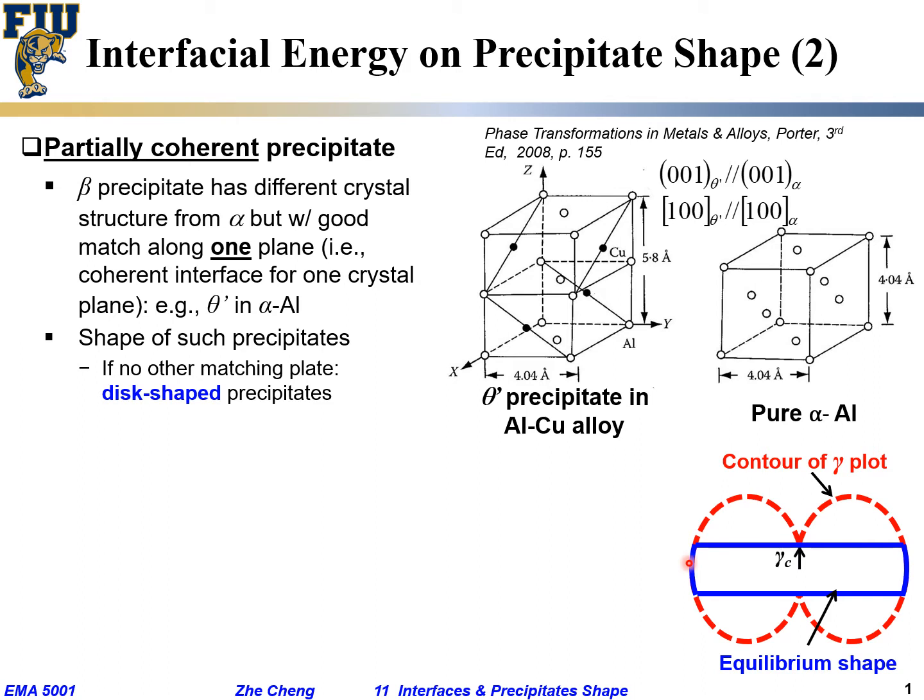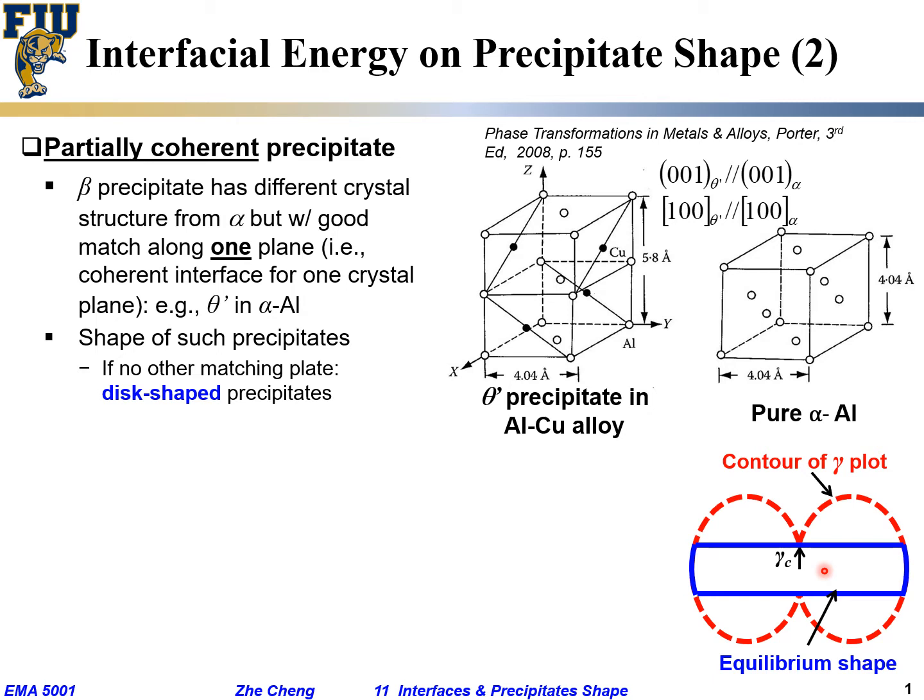Okay, and from the contour plot, from the center to one end, that gives us the gamma C. What does gamma mean? Interfacial energy, C for coherent. That is your coherent interfacial energy.